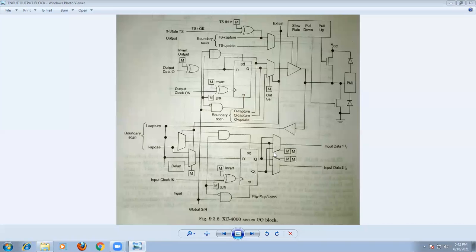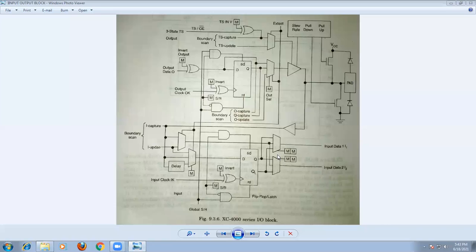Whenever we require a direct input, you can get the input directly, and when the direct input is required, this flip-flop will be disabled.